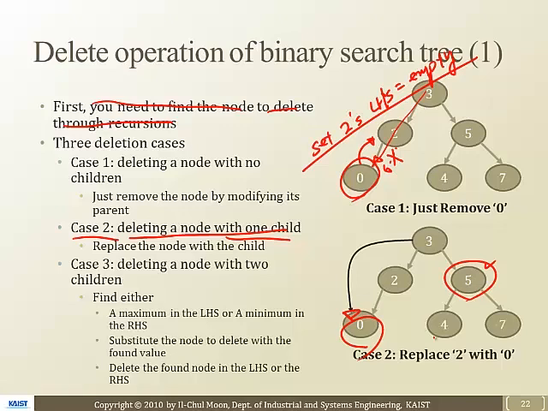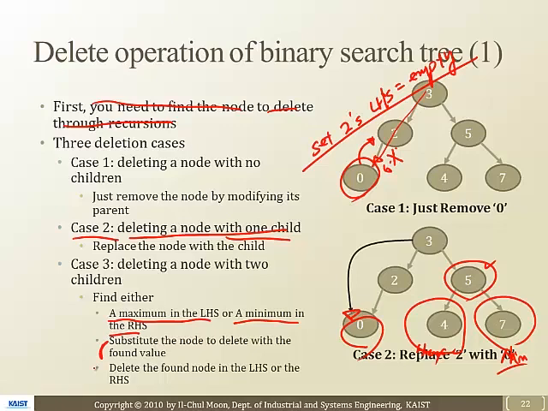Deleting a node with two children can be solved in either of two ways: using the maximum value of the left-hand side, or the minimum value of the right-hand side. We find that minimum value of the right-hand side and substitute the node to delete with the found value.